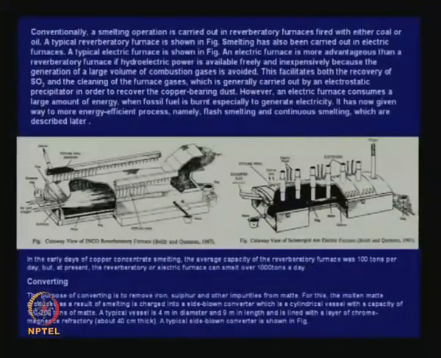Otherwise, you have to remember that you have only displaced the problem of combustion gases, if a thermal power plant is giving you the electricity. But then in this process, in the plant, you are generating less combustion gases, because you are only generating what is coming from the reactions, which does not include a combustion reaction.